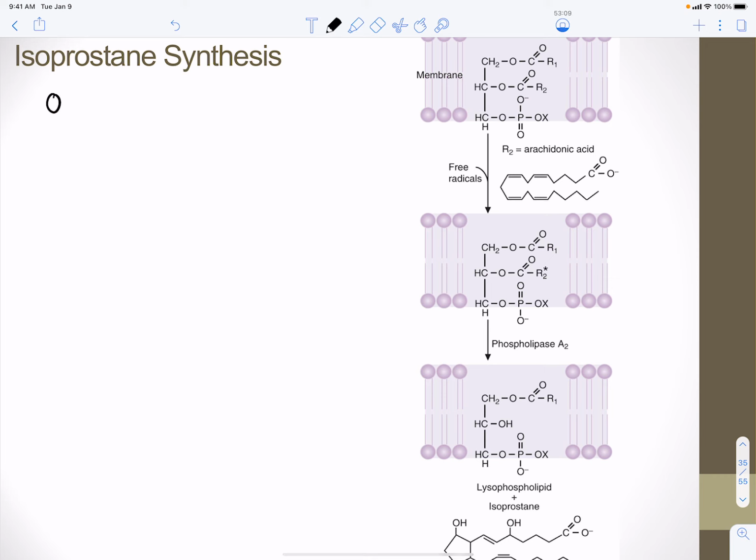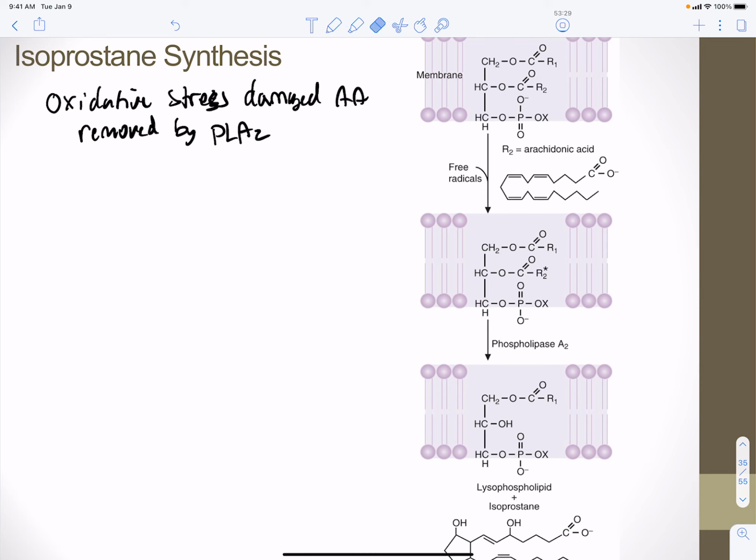So during oxidative stress, you have damaged arachidonic acid, and it's going to be removed by that phospholipase A2 and released. So therefore, an increase of damaged arachidonic acid indicates oxidative stress.